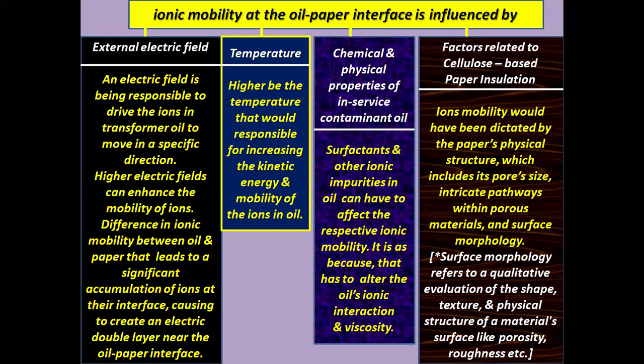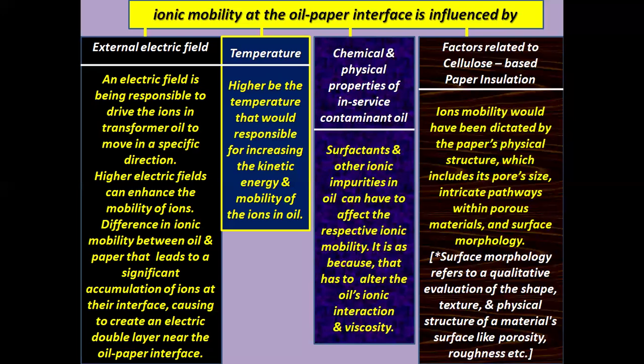Difference in ionic mobility between oil and paper leads to significant accumulation of ions at their interface, causing the creation of an electric double layer near the oil paper interface. Temperature. The higher the temperature, the greater the kinetic energy and mobility of the ions in oil.